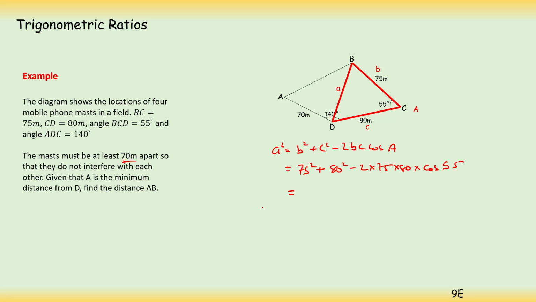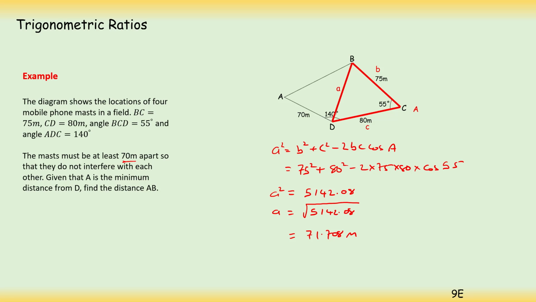Work that out on the calculator, putting everything in as one, and I get 5,142.08. But that's a squared. To find a, I need the square root of that, which is 71.708 meters.